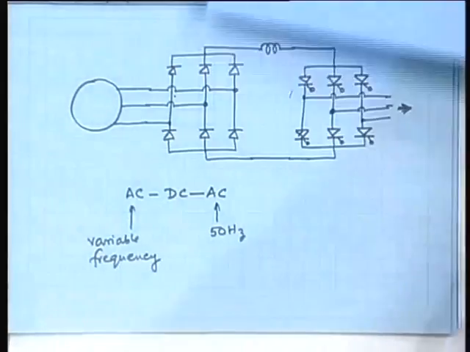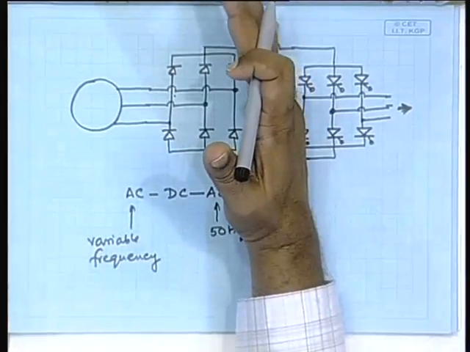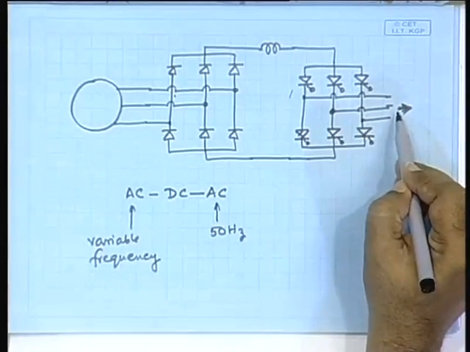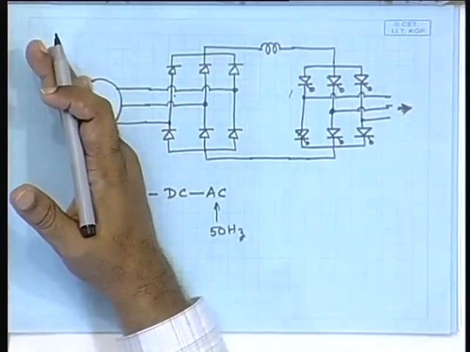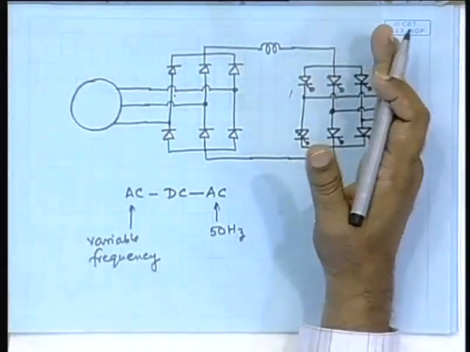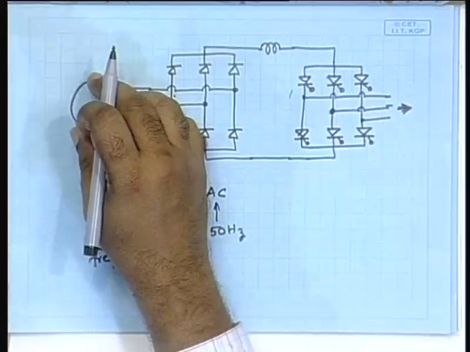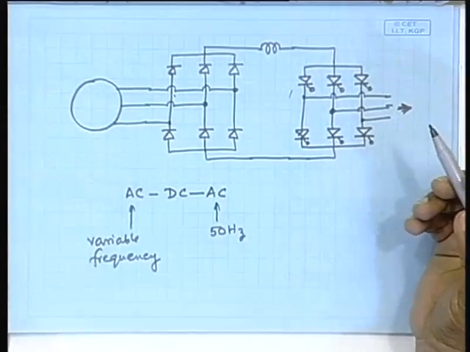If you have a constant field, that is not possible, but here in this case, because there is a DC link in between, the amount of reactive power consumed by the load is not being supplied by the machine. There is no way for the machine to supply that, and therefore you can effectively use a permanent magnet machine here.